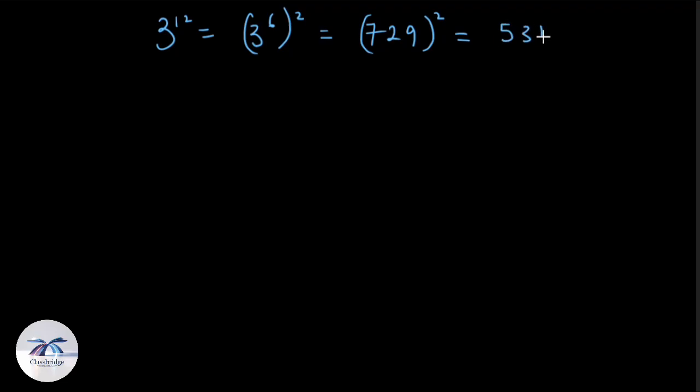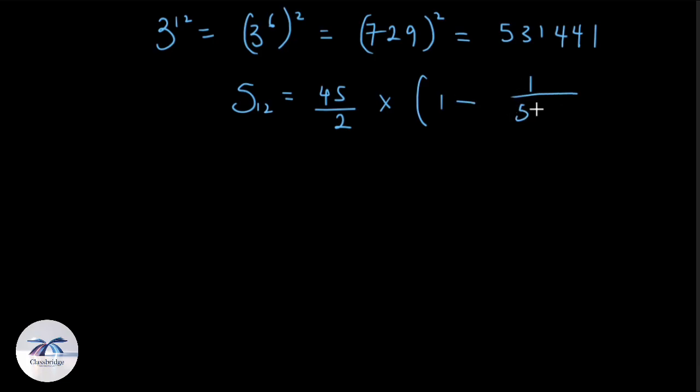Now, 3 to the power of 12 will give us 3 to the power of 6 into 2, which is the same thing as 729 to the power of 2. And if you do that further, you have 531441. All right, so that is 3 to the power of 12. So then we have S12 to be 45 over 2 times 1 minus 1 over 531441.